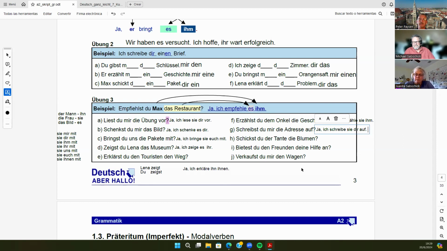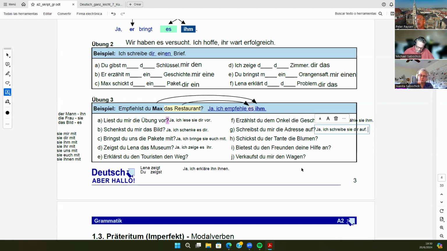So what was it translated? I write the address, well, it to you. Schreiben is to write. So schreiben means I write. Aufschreiben means I put it down on paper for you to take, I annotate it for you.